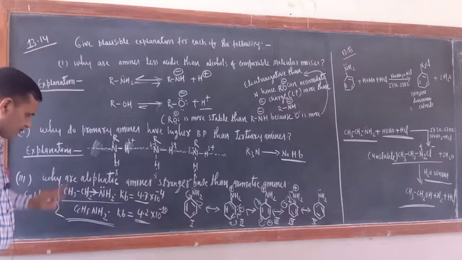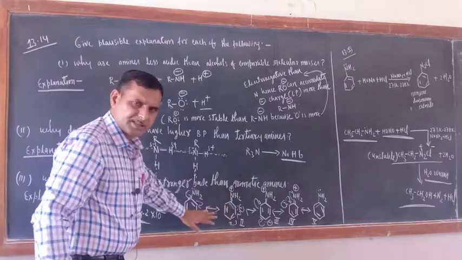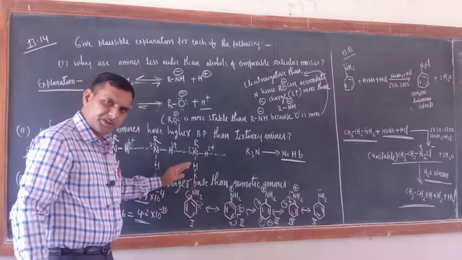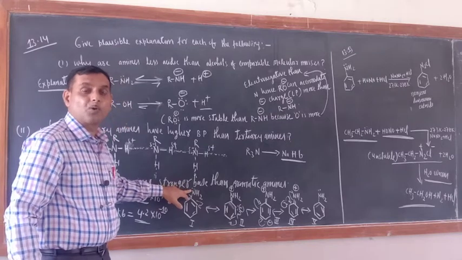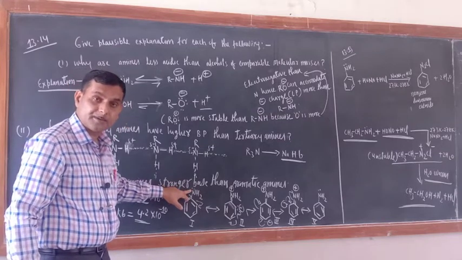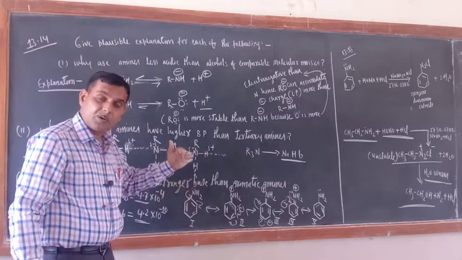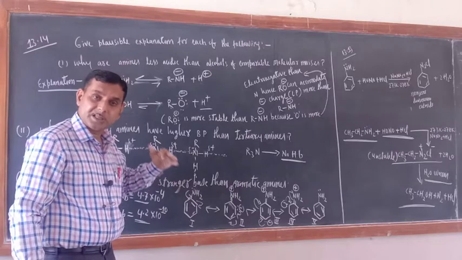Simple, just see. In case of aniline, an aromatic ring is there. You know the answer. The aromatic ring withdraws electrons, because of the conjugation of the lone pair of electrons of nitrogen with the aromatic ring, the availability of the lone pair of electrons for donation is less.